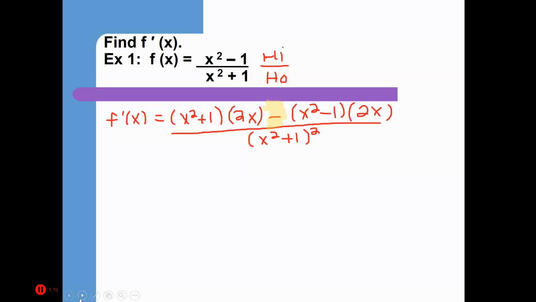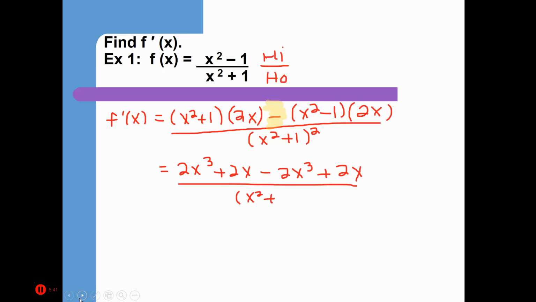So it becomes 2x cubed plus 2x. If you distribute that negative, you get negative 2x cubed plus 2x, all over x squared plus 1 squared. 2x cubed and negative 2x cubed cancel, and we get 4x over x squared plus 1 squared.